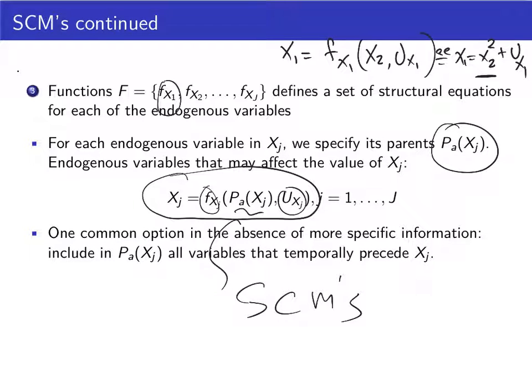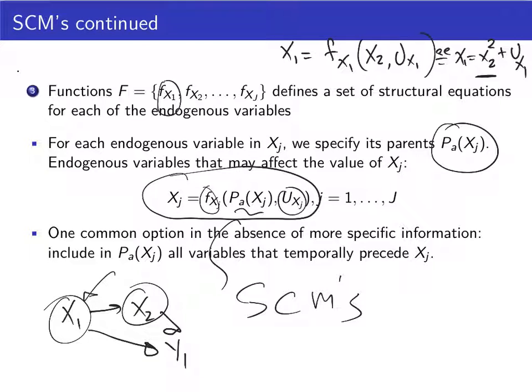And of course, what you choose to be your parent is your knowledge, right? That's how you put your knowledge in. If I could have an x1 to an x2 to a y, right? So x2's parent is x1. x1 has no parents.